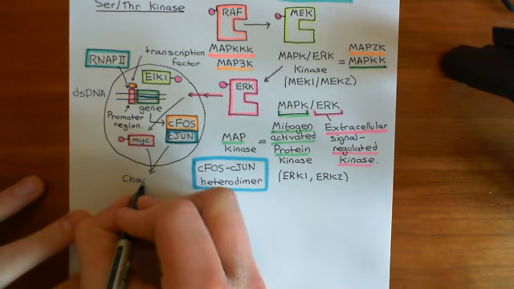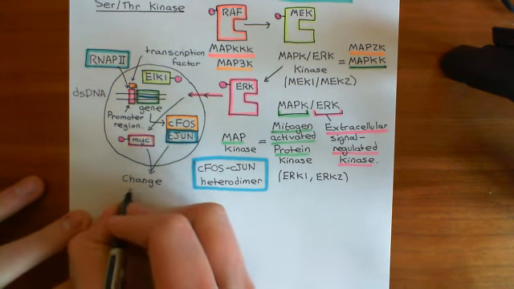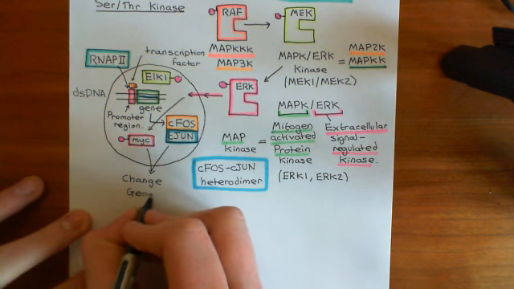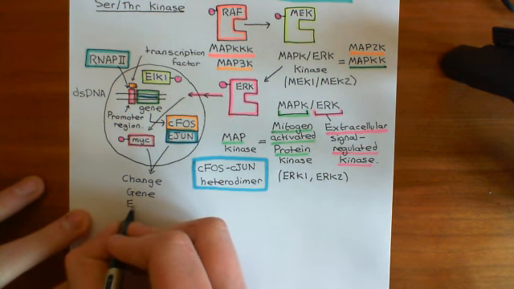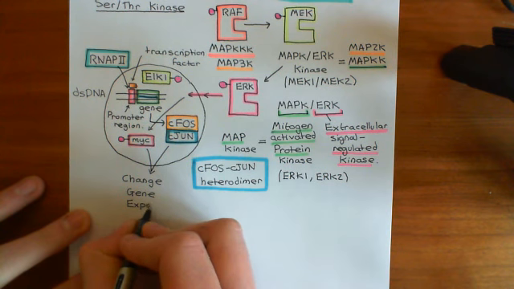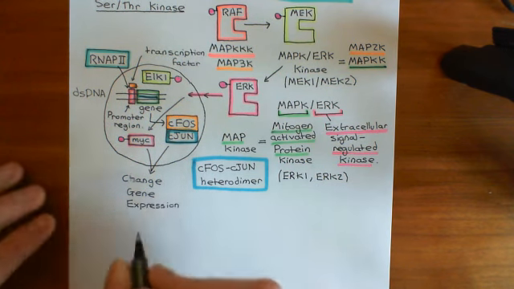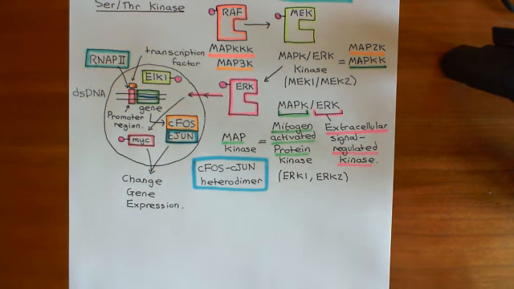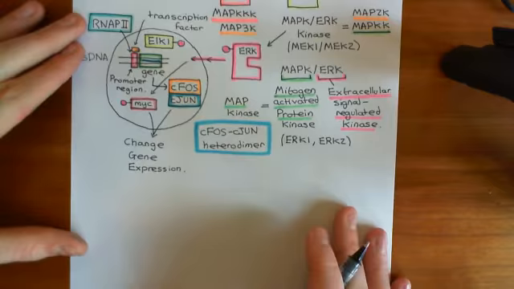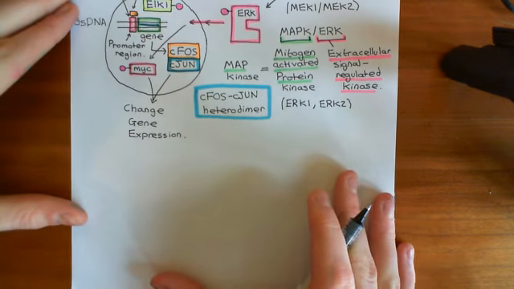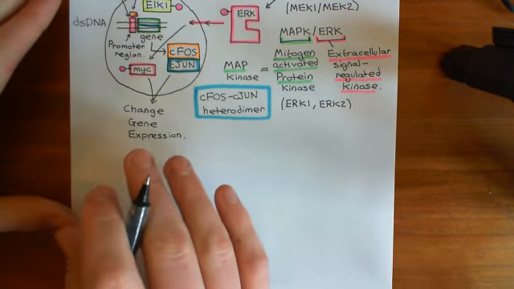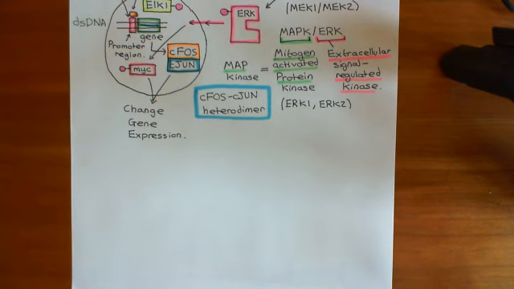Some genes will have their expression go up, some will have their expression go down, and this change in gene expression is going to promote the division of the cell. This is what's going to take the cell from the G0 phase into the first growth phase. We'll continue this discussion in the next video, where we'll discuss the beginning of the first growth phase.